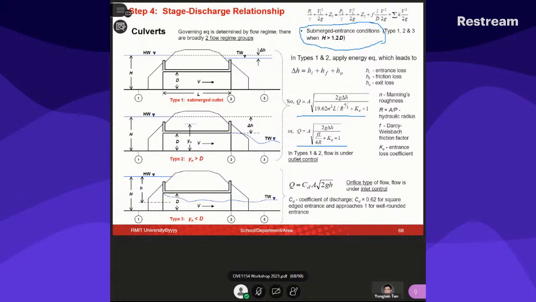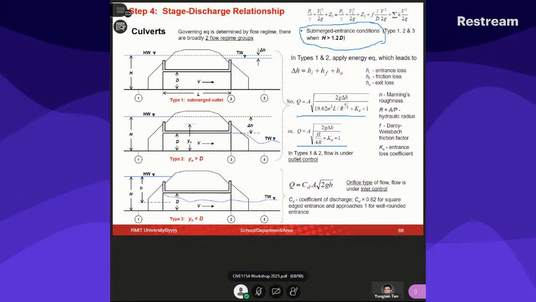After calculation we get Q, and we can use the flow rate to determine the normal depth of the flow in the culvert.